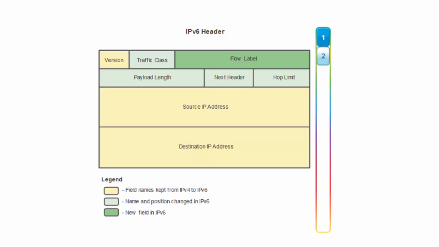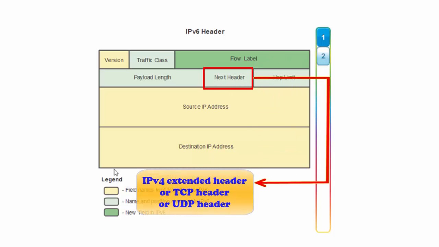There's also a simplified and efficient extension of the header. As we will see, this next header points to another extension of header in an unlimited way. So we can use this next header to point to the protocol on the higher layer, or point to any other protocol that is used after this header.